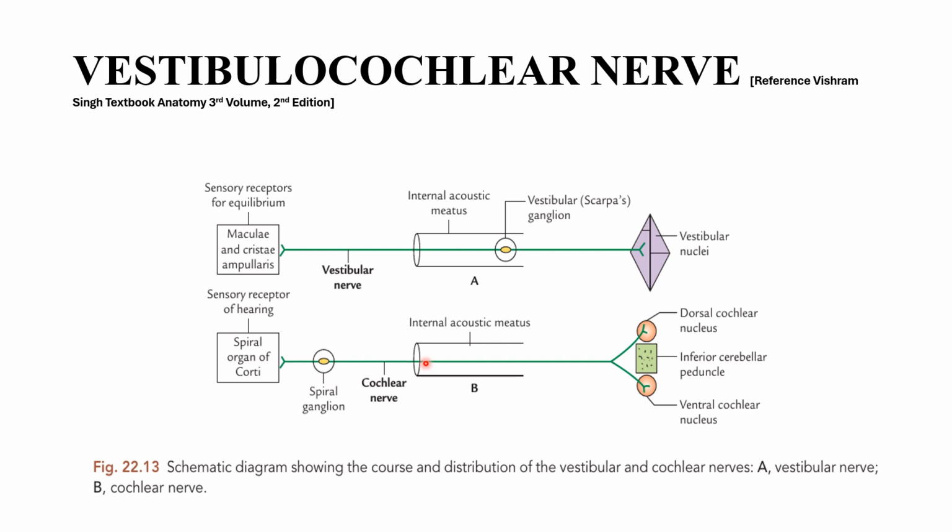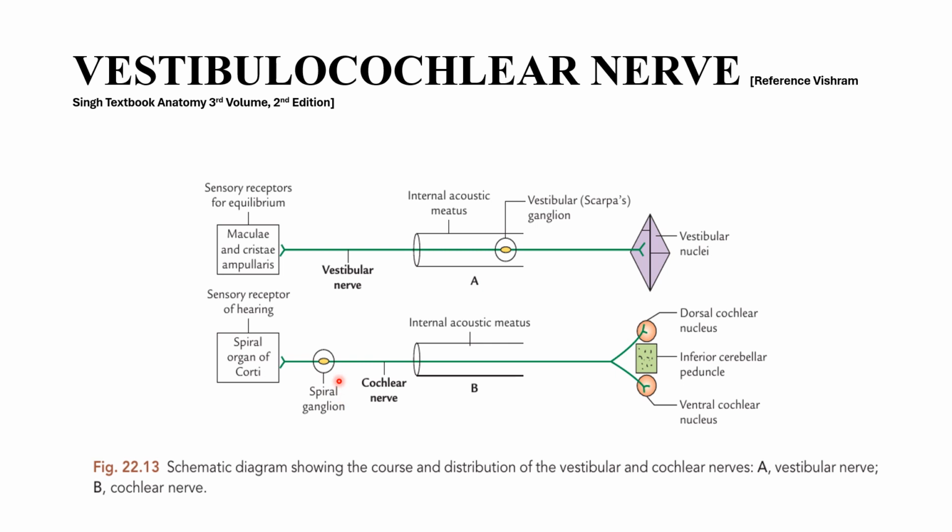From here it will reach the modiolus of the internal ear. Inside the modiolus there is a spiral ganglion.